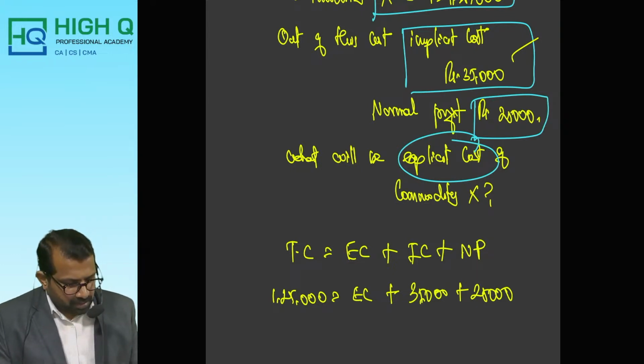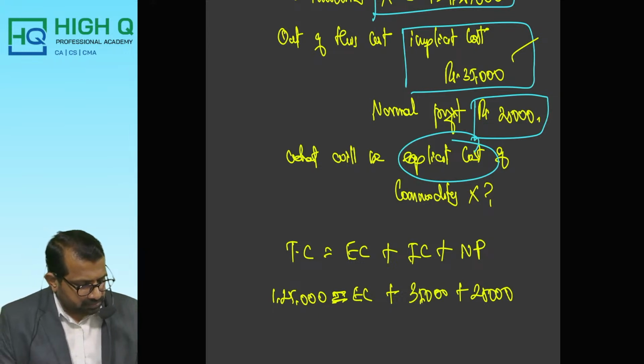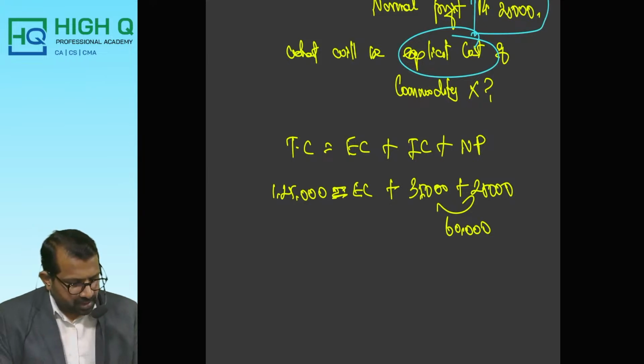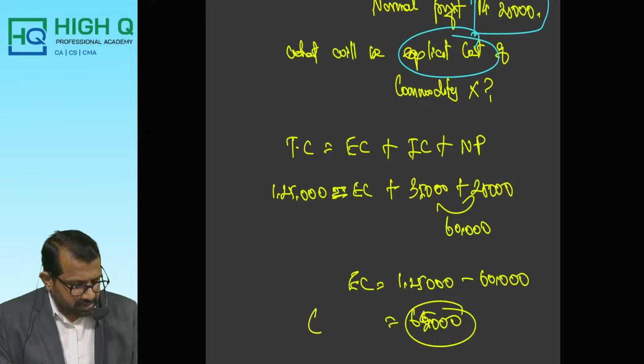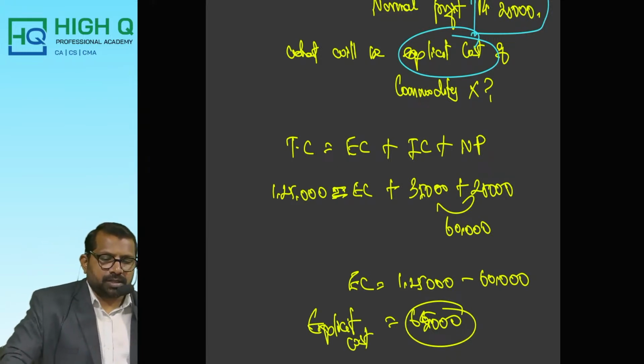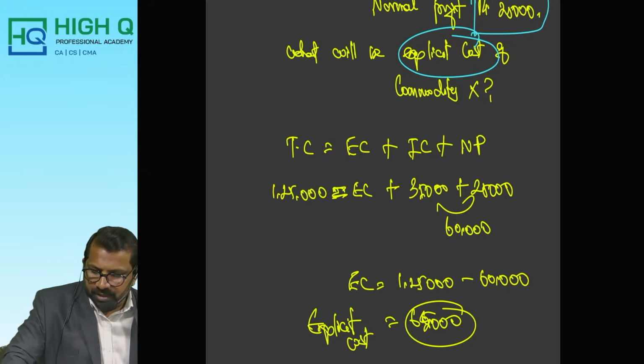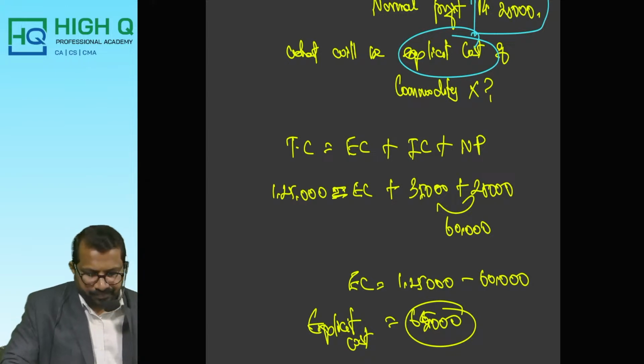So together that is 60,000. Therefore explicit cost equals 1,25,000 minus 60,000 equals 65,000, called as explicit cost. So like this you can expect the question for examination on cost.